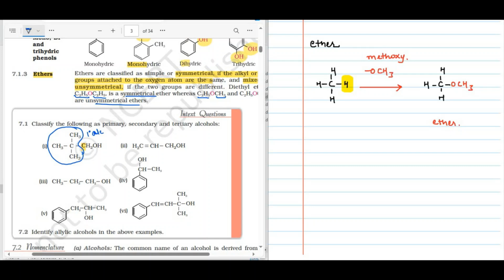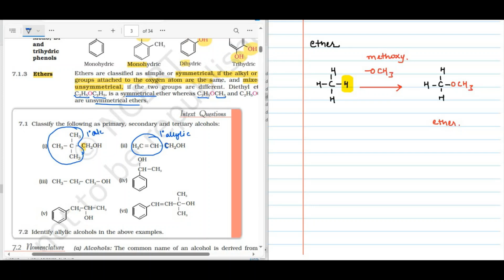Now come to the second question. Here CH2=CH-CH2OH. Here OH is bonded to this carbon and this carbon is allylic carbon, as it is next to a carbon-carbon double bond. And this allylic carbon is bonded to just one alkyl group, means this allylic carbon is primary allylic carbon.